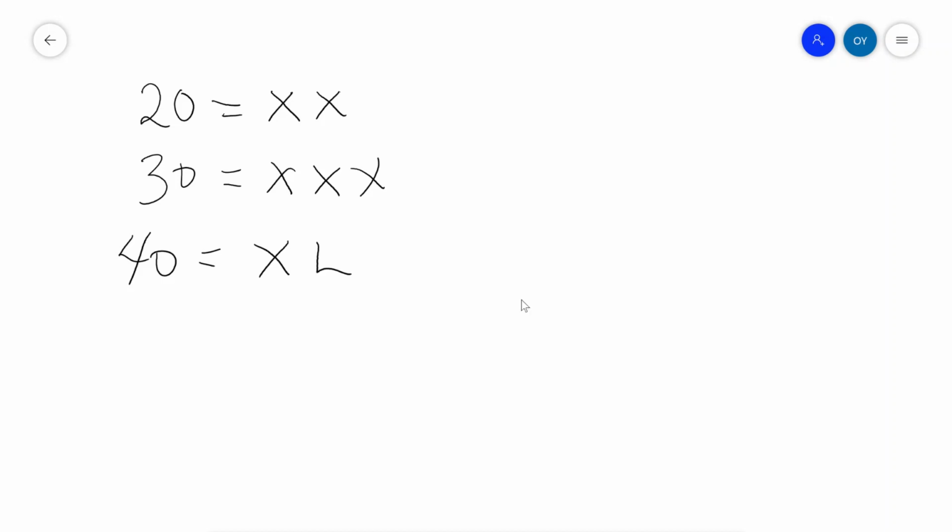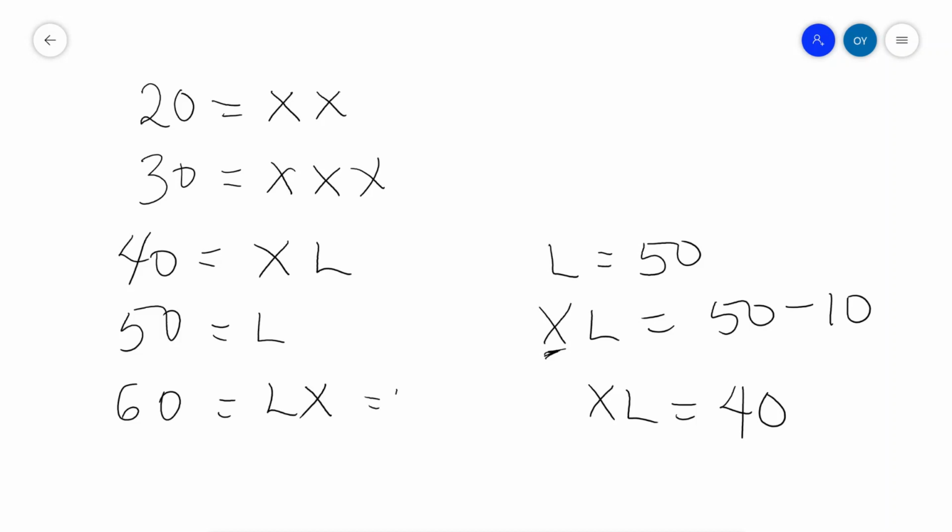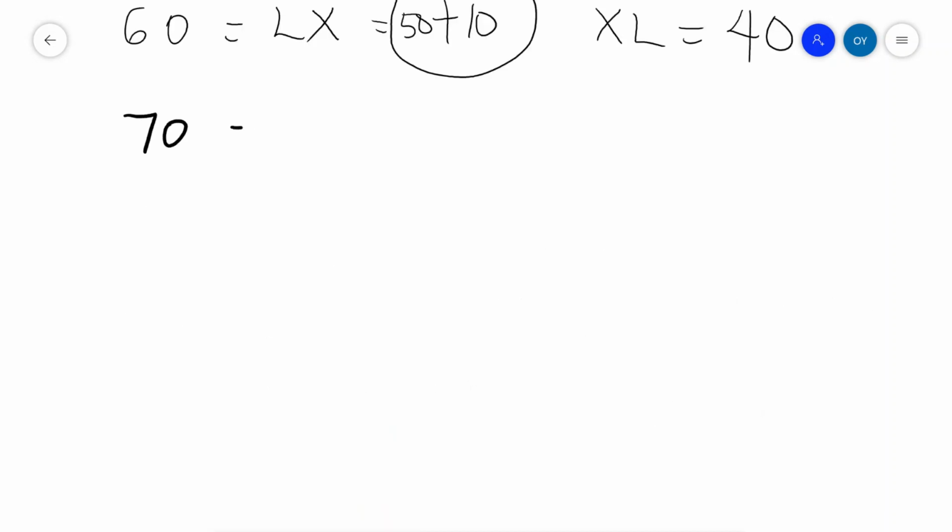Remember that L is 50, and so XL is 50 minus 10, knowing that X is 10. So XL equals 40. So we have 50 to be L, then 60 is LX. That is 50 plus 10. 70 is LXX.